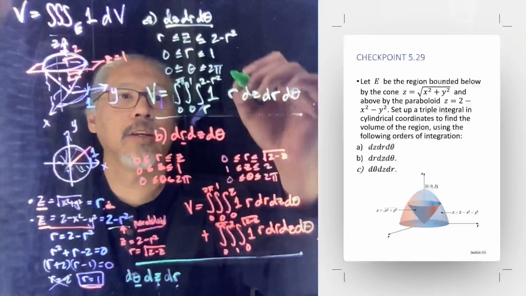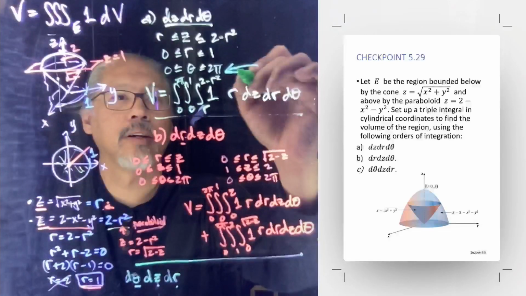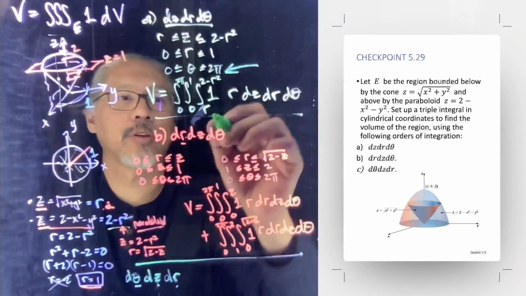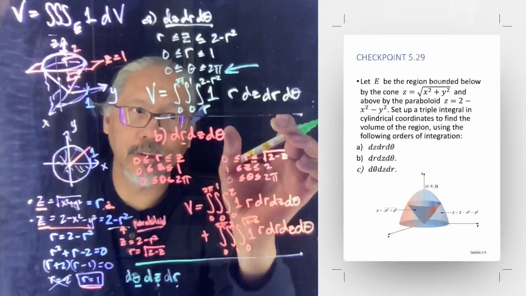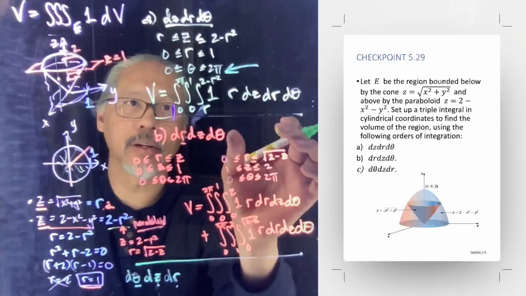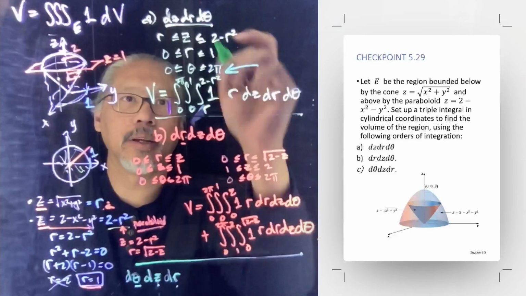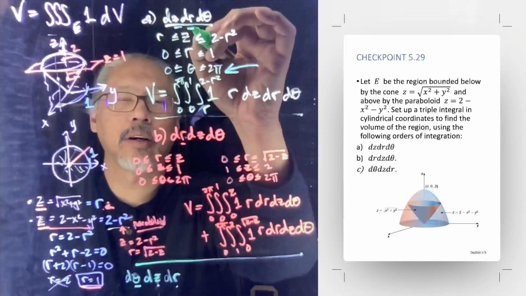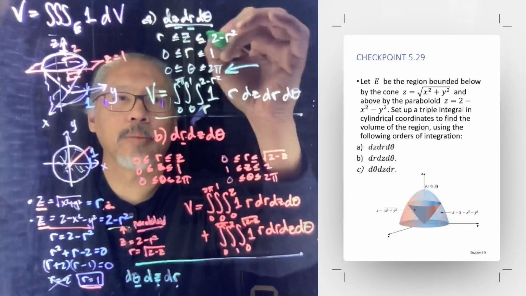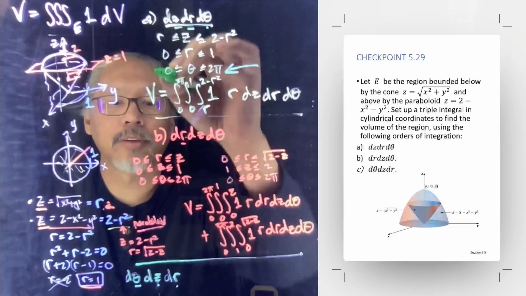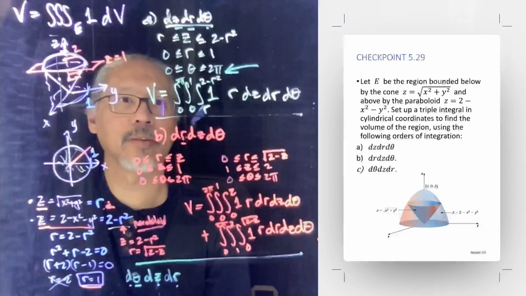And so it's really just looking at this theta here and saying it's going to go from 0 to 2 pi, but that's independent of everything else. So we can switch the order here. It doesn't matter whether you do it last or first. And so here they're asking us to do it first.